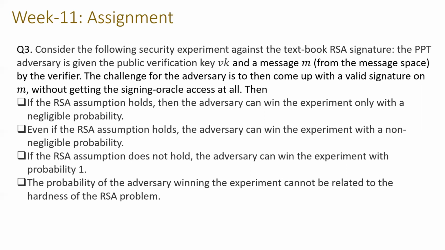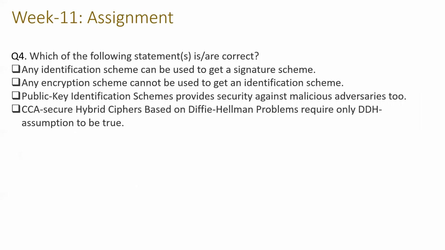So our correct option is the last statement, which says the probability of the adversary winning the experiment cannot be related to the hardness of the RSA problem. Okay, proceed to the next question.